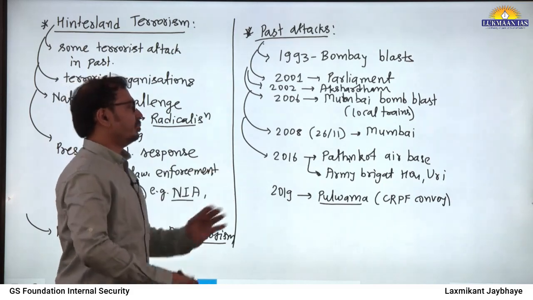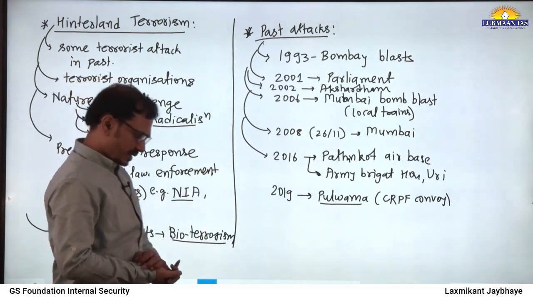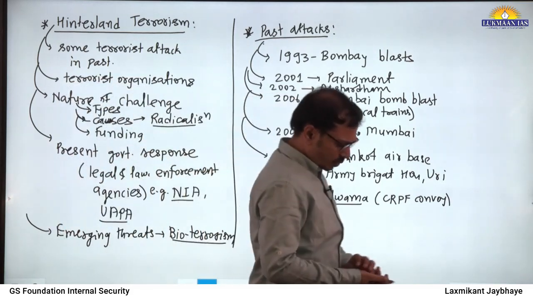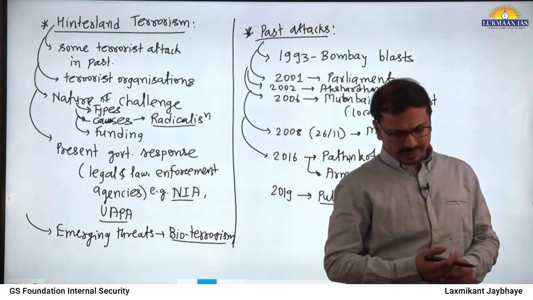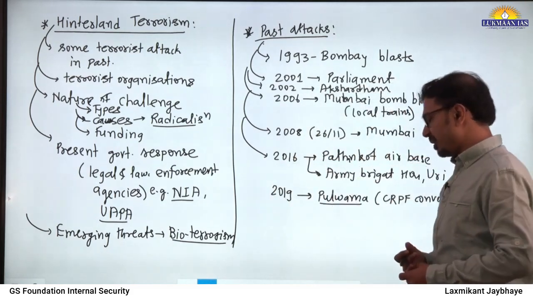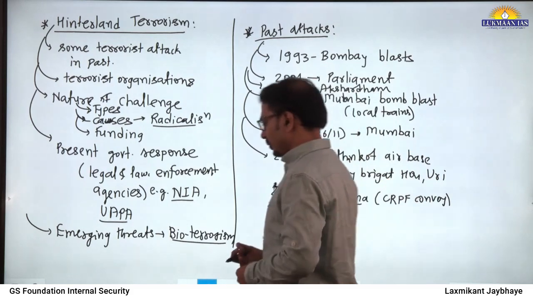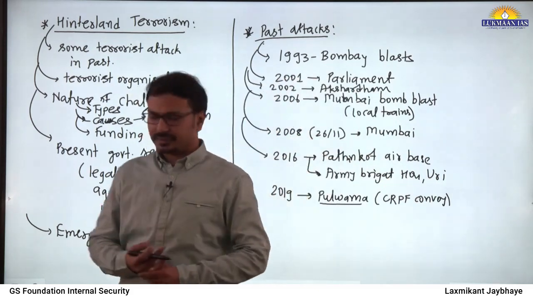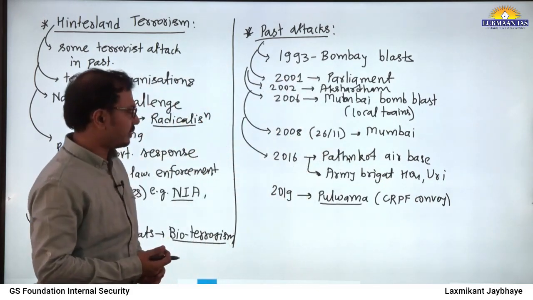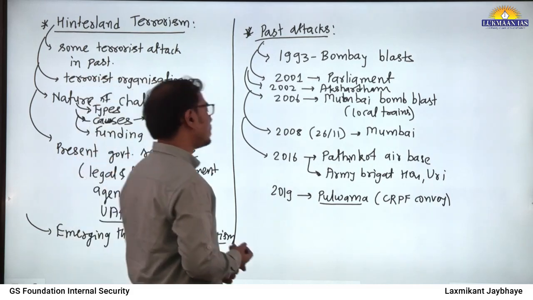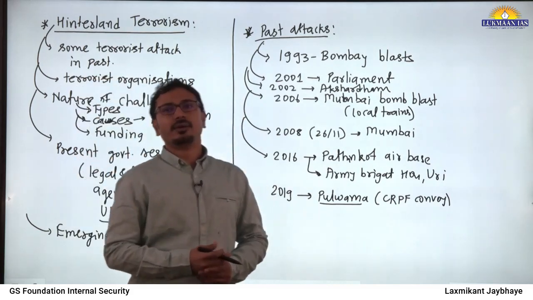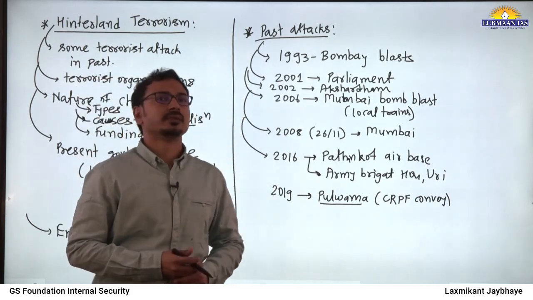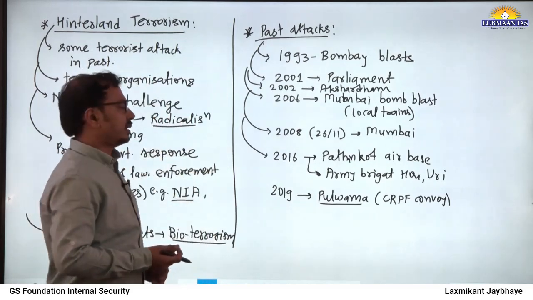Okay, so remember these major attacks. Obviously, there were many such attacks like Bodh Gaya bomb blast, Pune German Bakery bomb blast. In Hyderabad also several blasts. Bangalore, Delhi. Okay, so minor attacks are there.